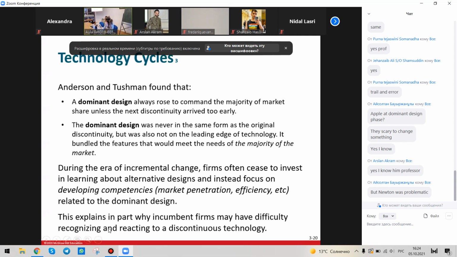And this partly explains why incumbent firms, firms that operate with the existing technology, may be reluctant to adopt a new technology, or sometimes may not even recognize that a new technology has been created in the market.